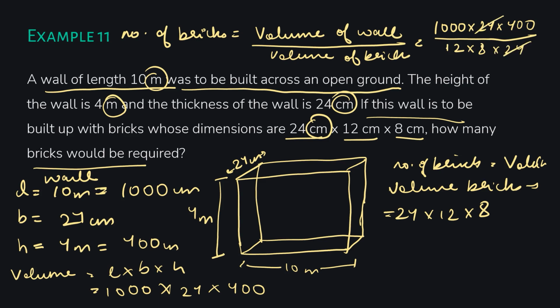Now we see that 24 and 24 is cut, and then when we do the further calculation, we'll get our answer to be 4166.6, and we can take it approximately to be 4167 bricks. So approximately we'll need 4167 bricks to make a wall of 10 meter, 4 meter and 24 centimeter dimensions.